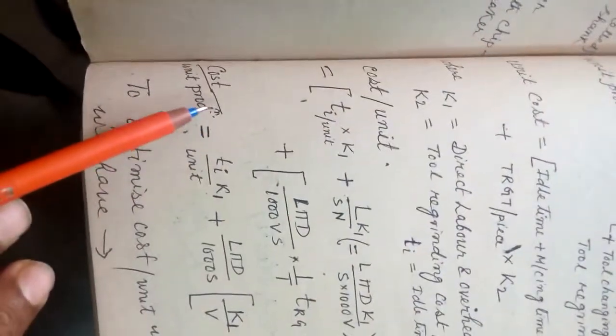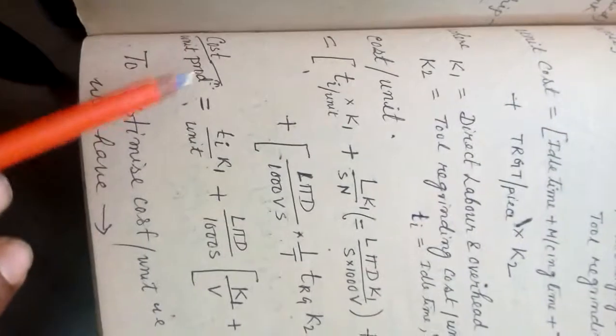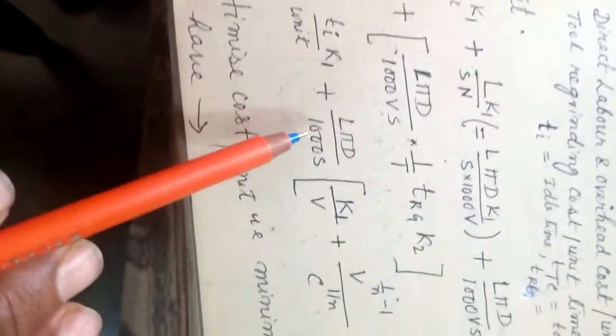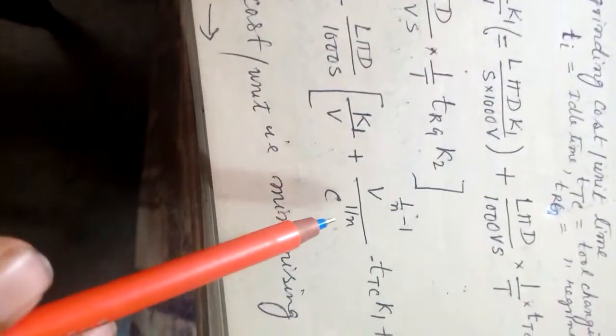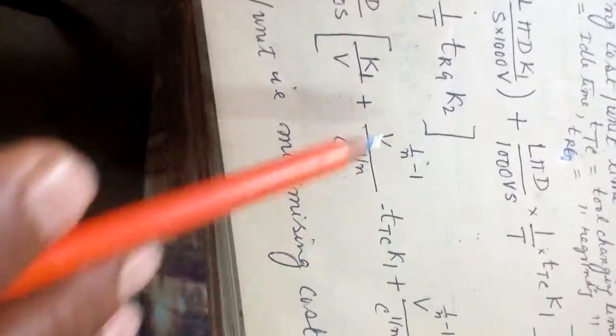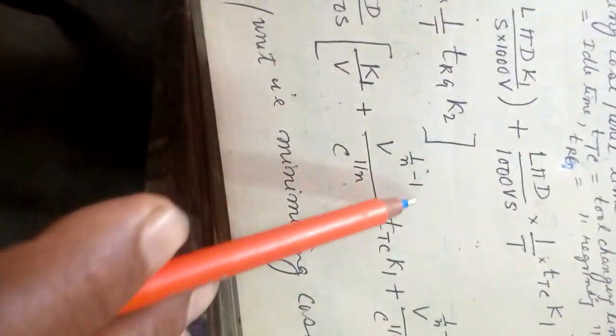This is the tool changing part. The cost per unit production, actually. Cost per unit means unit production. Just a simplification: V to the power 1 by n minus 1.